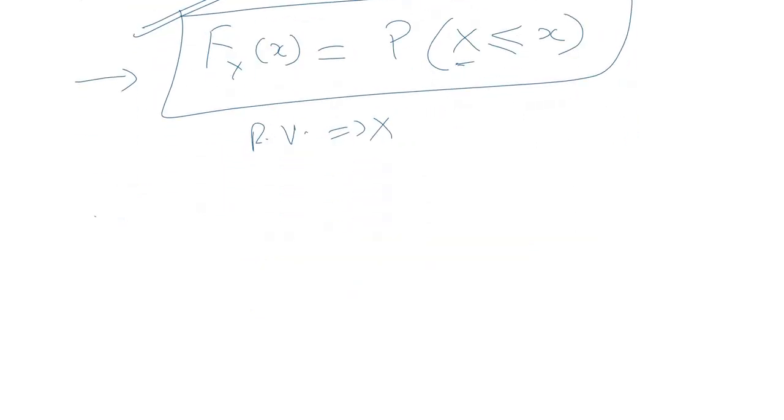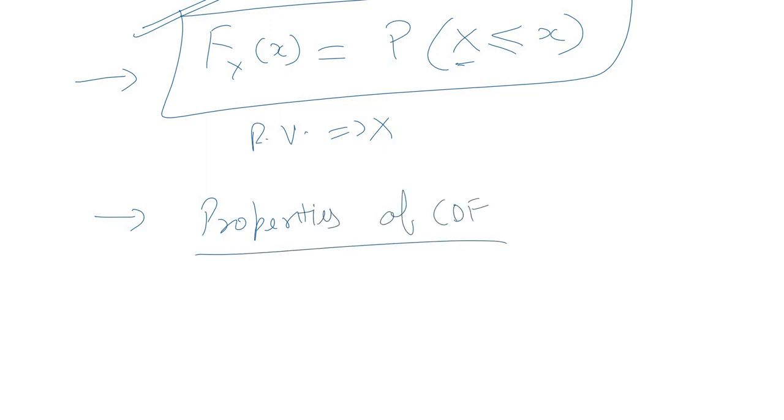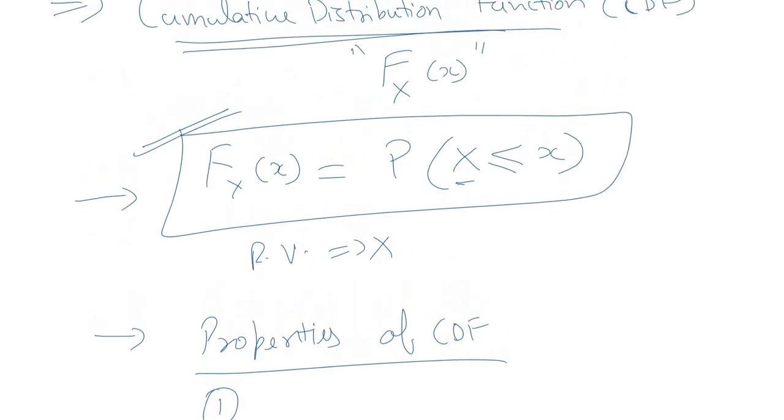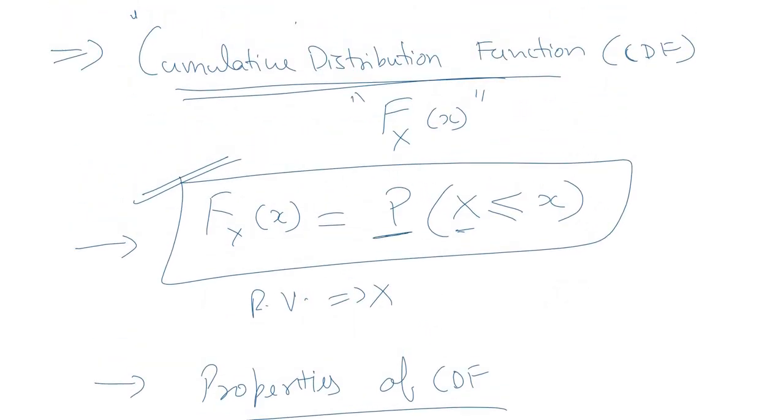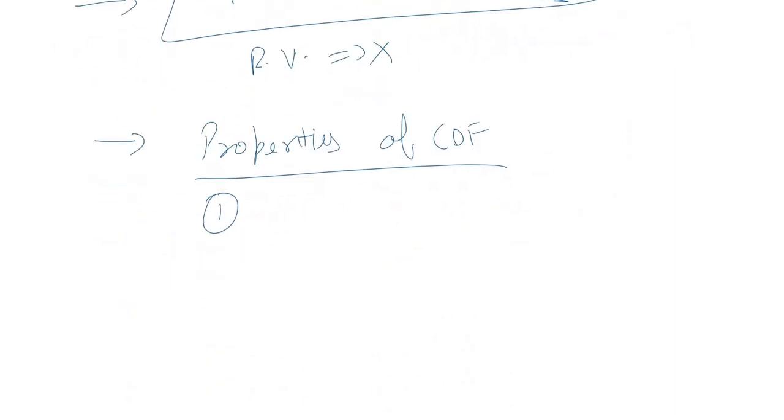Now let us look at the properties of the CDF. The first property is that it is bounded between 0 and 1. Since the CDF is nothing but the probability of this event, and since it is a probability, it has to be bounded between 0 and 1.